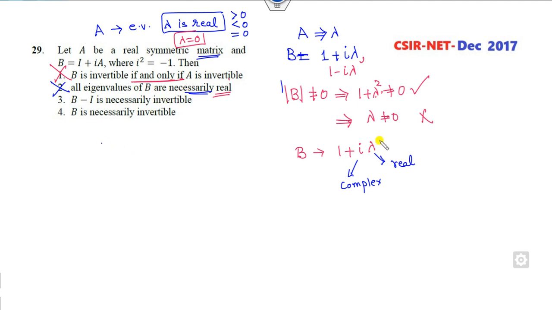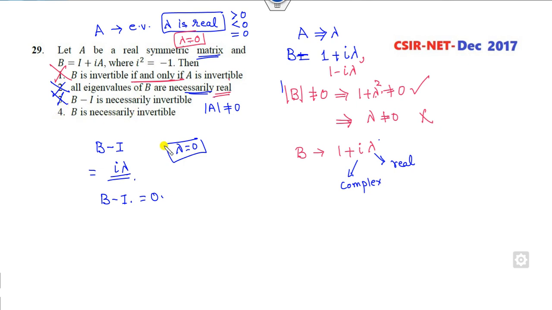What is the eigenvalue of B minus I? It is iota lambda. Is it necessarily invertible? Invertible means determinant is non-zero, but that is not true. If I say lambda is real and consider here, what is the eigenvalue of B minus I? 0, which does not satisfy here. So this option is cancelled.